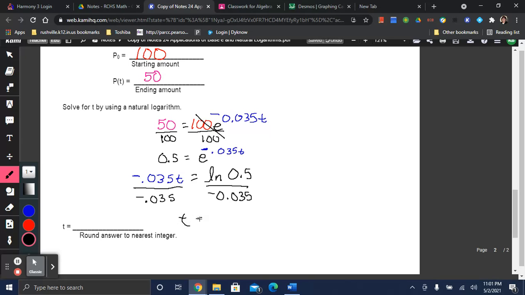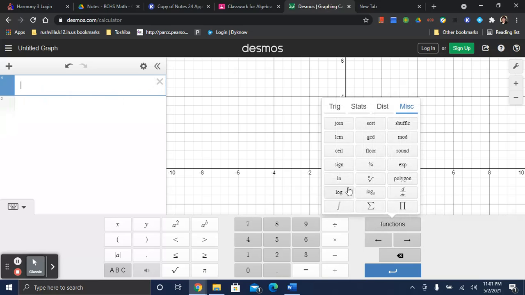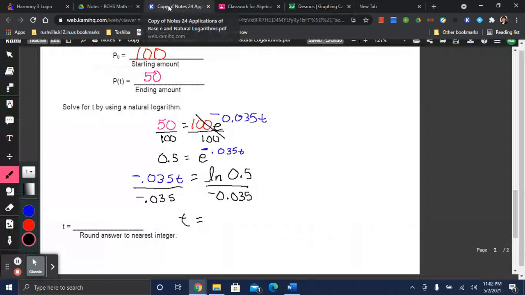So t equals, and then we'll do this division on Desmos. So it'll be the natural log of 0.5, and then that is divided by negative 0.035. Oops, I didn't use a decimal there. And we get 19.80. We'll look to see, it says round to the nearest integer.